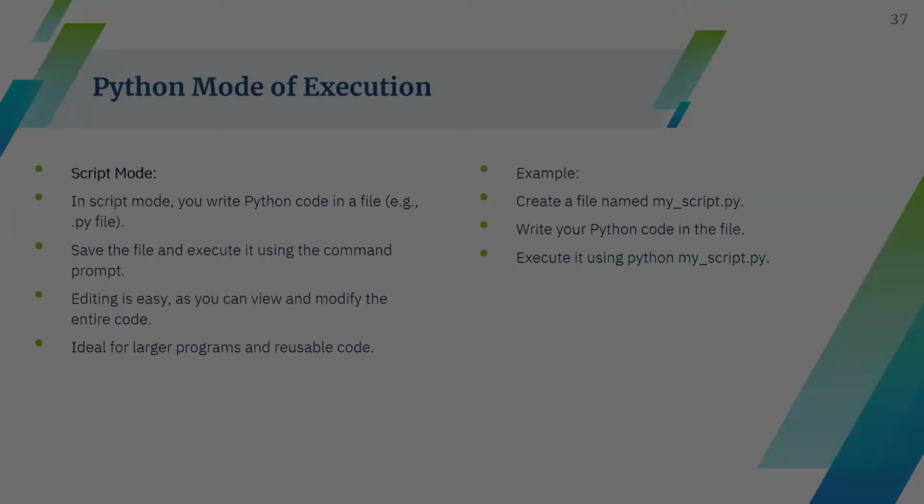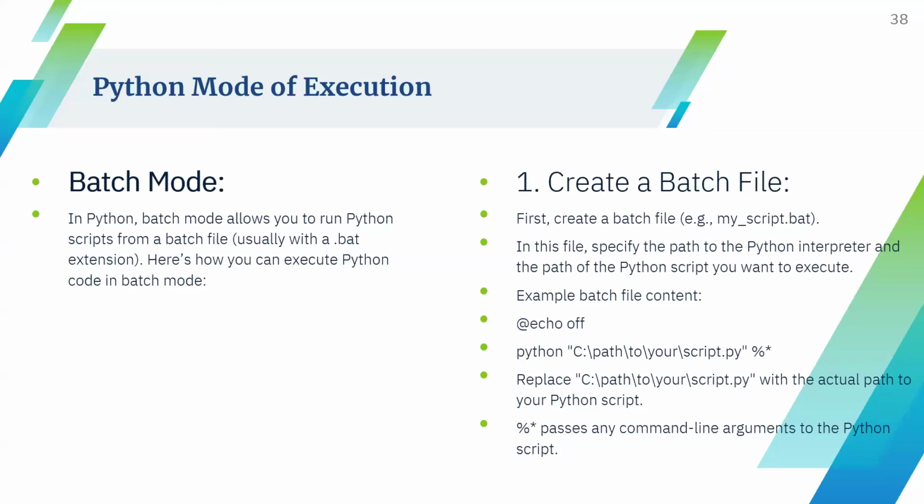The next one is batch mode. In Python, batch mode allows you to run a Python script from a batch file. So you can create a batch file, like how we do it in Windows. You write the commands inside the batch file and save it with the batch extension.